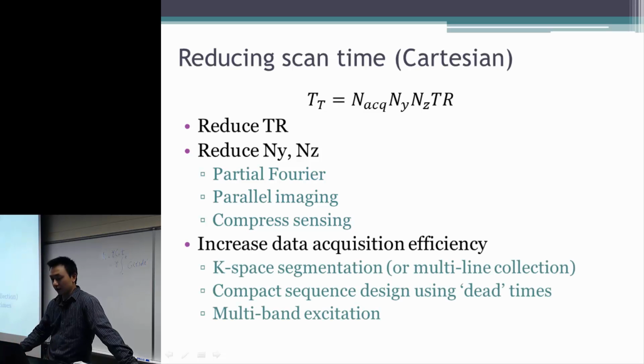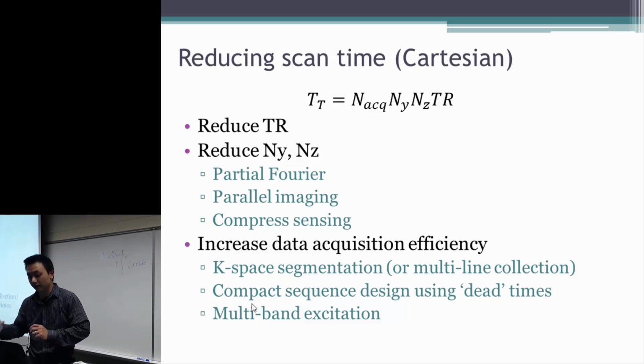step. Okay, so these methods reduce the scanning time by reducing the phase encoding steps, so reducing the data acquisition amount. Another way to reduce the scan time is to increase the data acquisition efficiency.